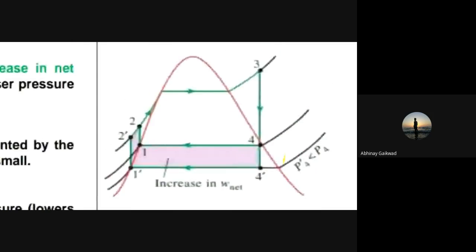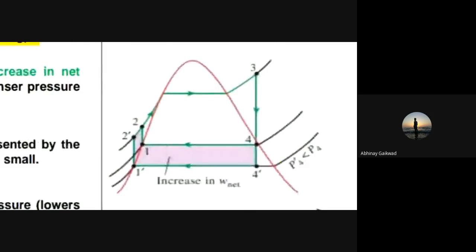What I did is decrease the 4 to 1 pressure, so we get the new saturation temperature. Now please note down, here I have decreased the condenser operating pressure, so the corresponding saturation temperature is also going to decrease.